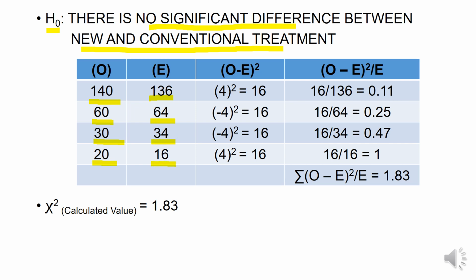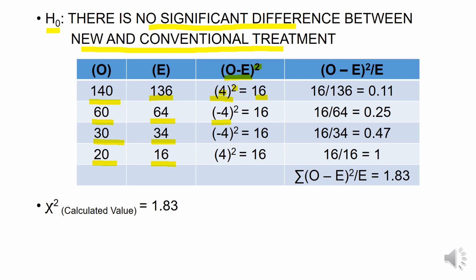Now in the next step, we'll calculate the difference of O minus E and we'll square the difference. So when 140 minus 136 leads to a value equivalent to 4 and the square of 4 is equal to 16. Likewise, when 64 is reduced from 60, it results into a value equivalent to minus 4 and the square of minus 4 is 16.